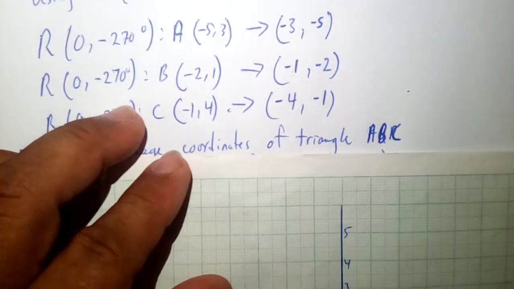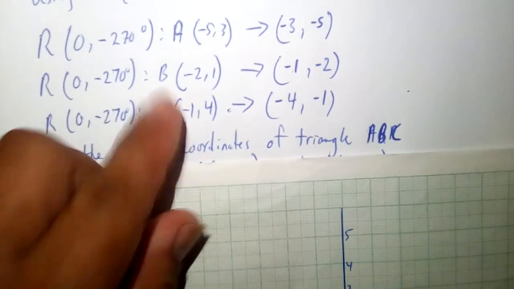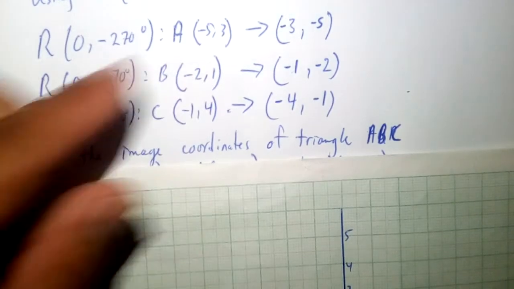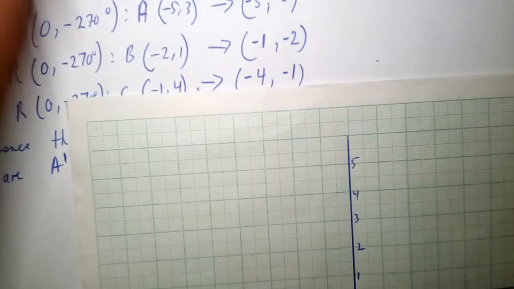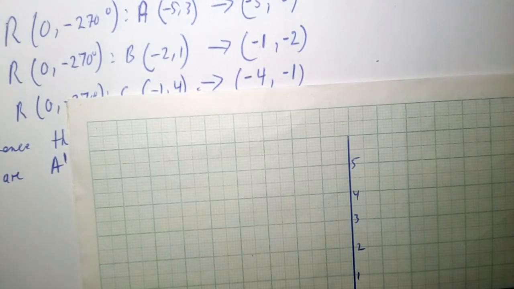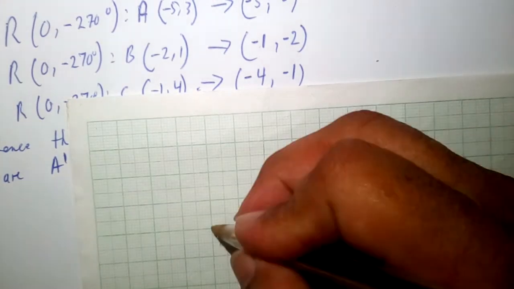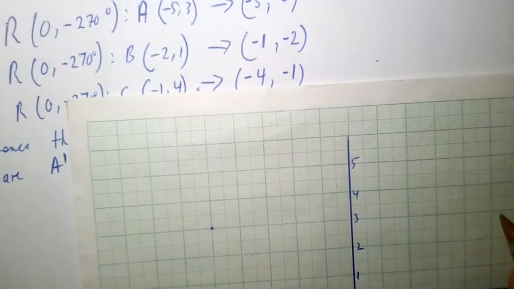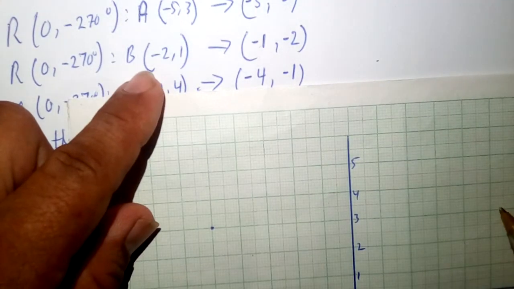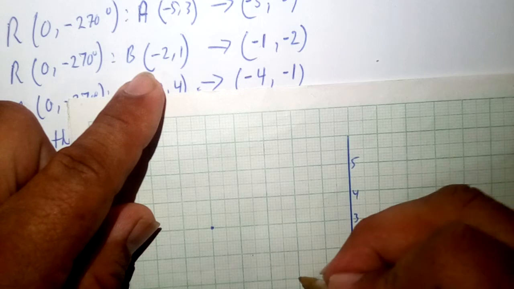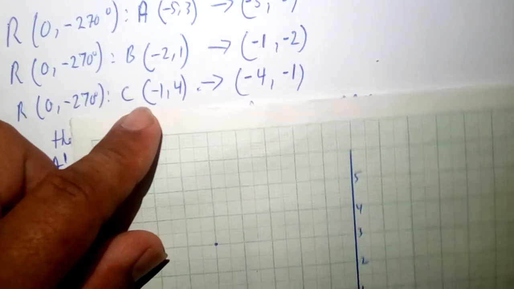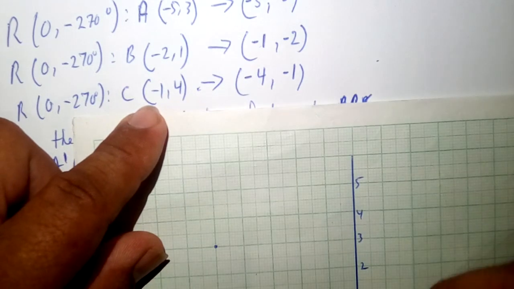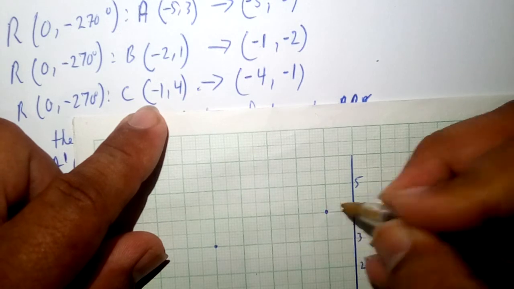So we have our 3 points to plot. Point A was negative 5 and positive 3, which is right here. Point B was negative 2 and 1, which is right here. And our next one, C, was negative 1 and 4, which is right here.